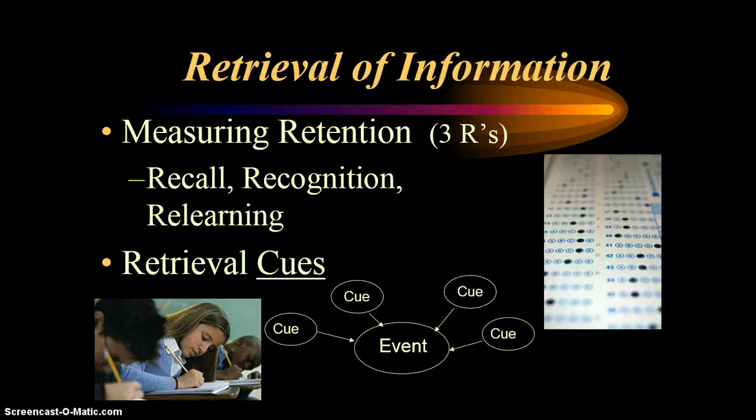It's not as easy to explain, let's say that. Relearning is, for example, you had U.S. history in 8th grade, and then you have it again as a junior. Well, how long it takes you to relearn that information gives us some idea about how much you remembered from 8th grade.